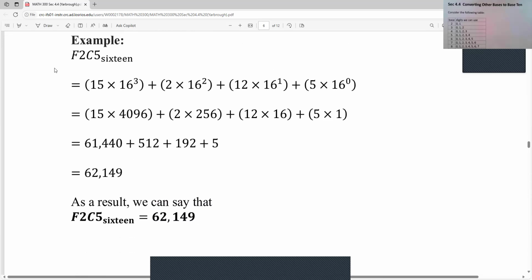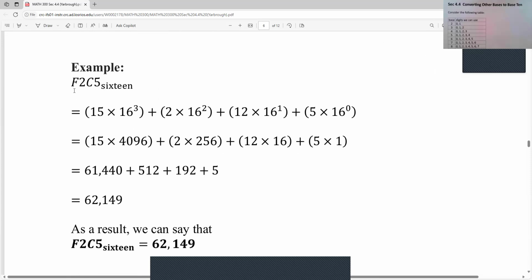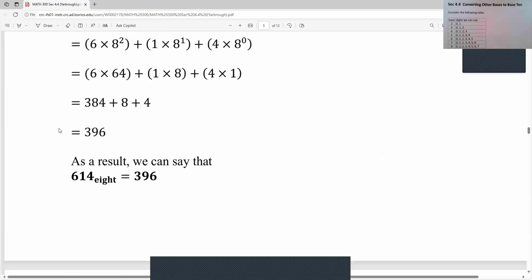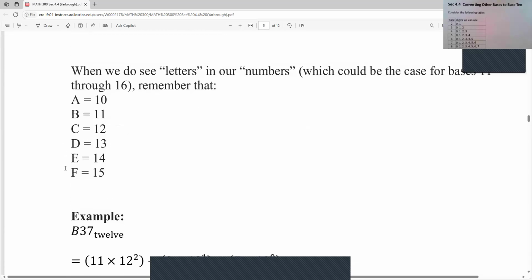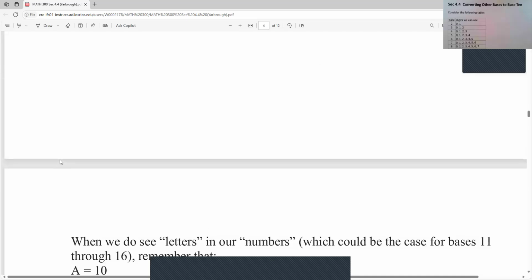Here's another example, base 16. I gave you an example here with a couple of letters in it. An F and a C. Remember, when you see letters, this is a good table to help you remember what they're equal to.